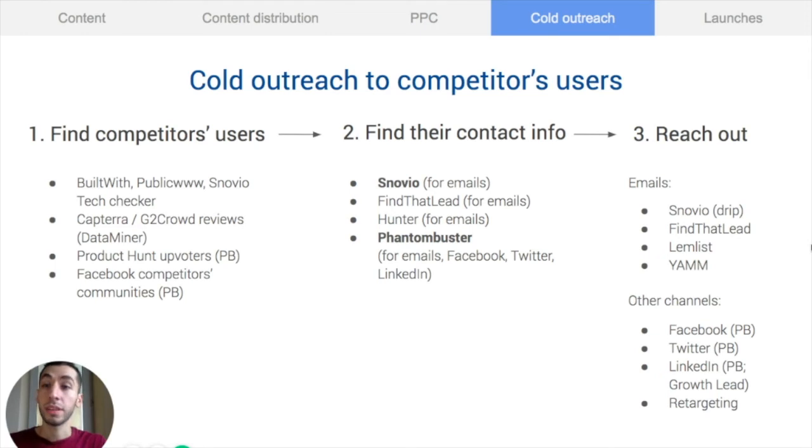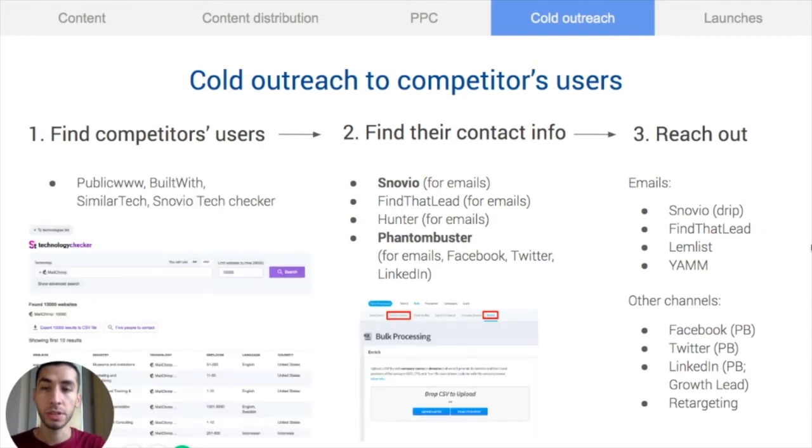So there are a lot of tactics that you can use to target your competitors' users via cold outreach. We're gonna focus on a couple of them. So first, what you need to do is find your competitors' users, then find their contact info, and then reach out to them. So let's take a look at some of the tactics you can use.